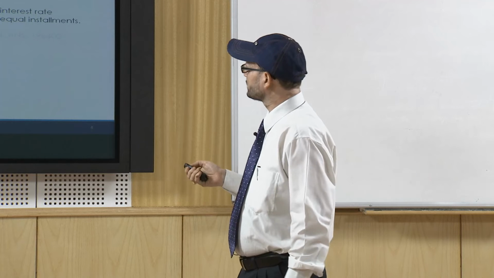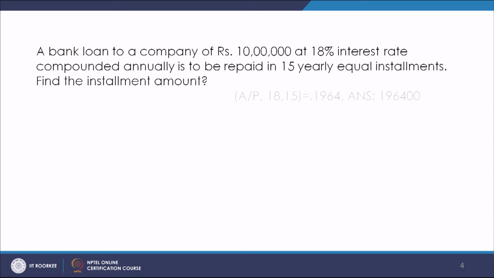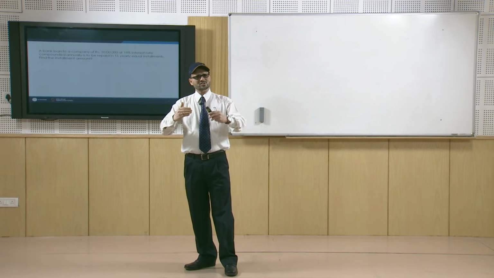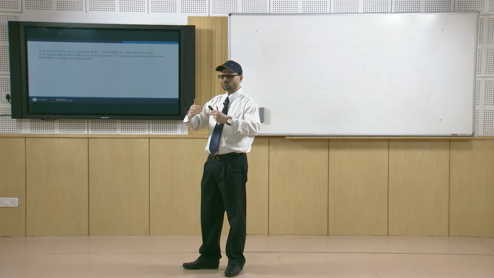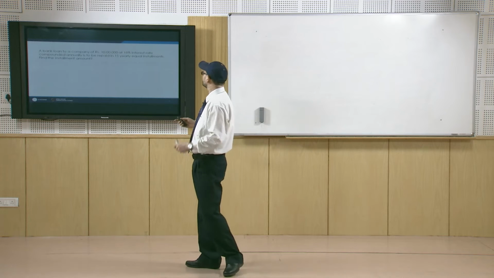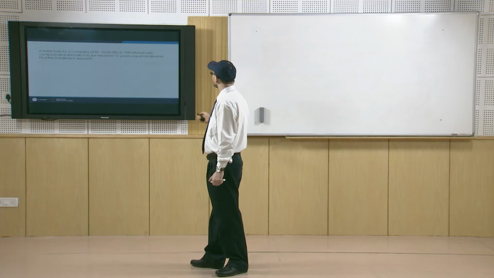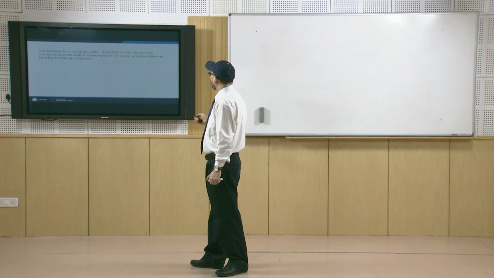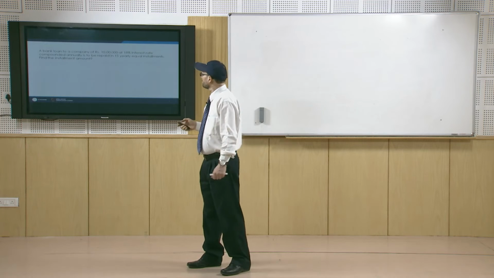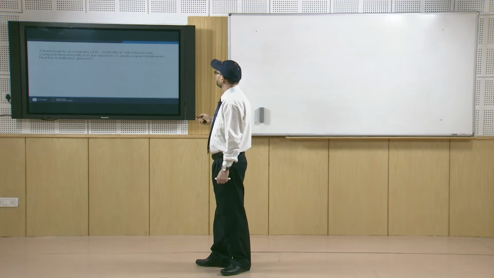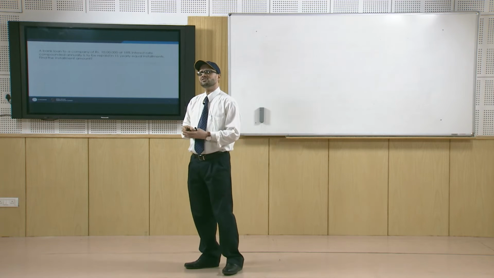So, this represents such cases where the loan given to a company is of the order of 10 lakhs now. So, P is known to us, the amount which is given now, interest rate is known to us, and the number of interest periods is known to us, that is 15. So, we have to find the equal year end payment, that is A.